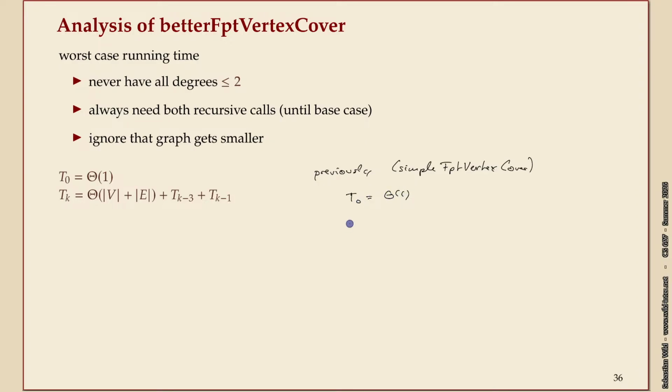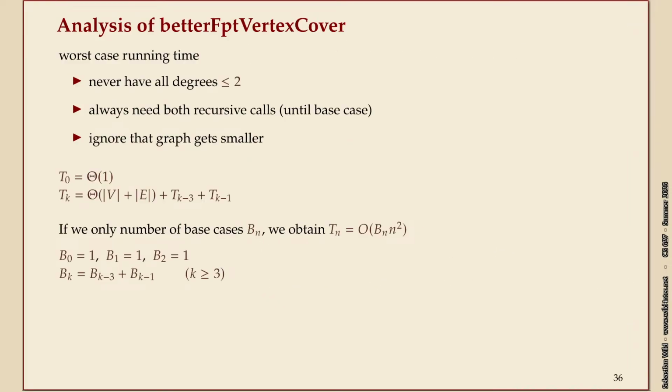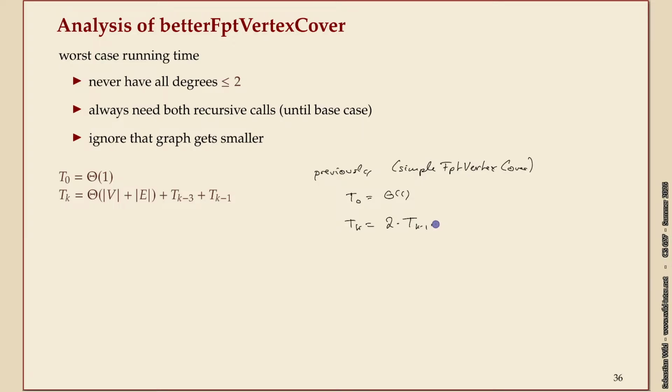We have a base case, and then we have 2 recursive calls of the same size before. And I guess the pre-processing is a bit easier, so maybe we don't need this extra term. But to be generous, might as well include it.